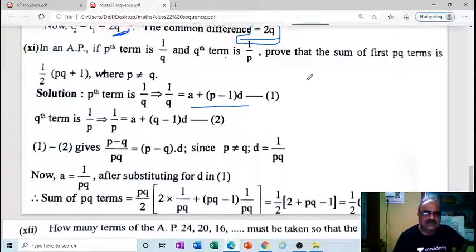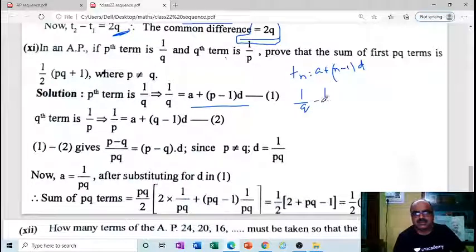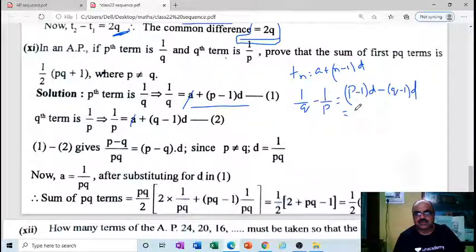Both we wrote with the same formula, Tn is equal to a plus n minus 1 into d. Okay, 1 minus 2 we have to do. 1 by q minus 1 by p equals a minus a cancels, p minus 1 into d minus q minus 1 into d.